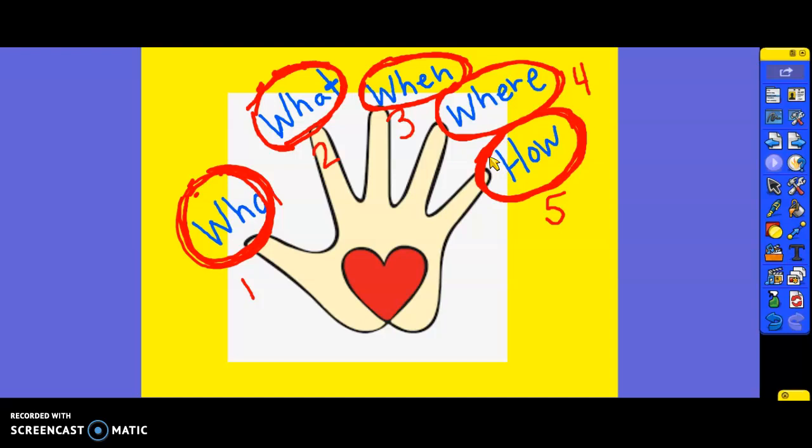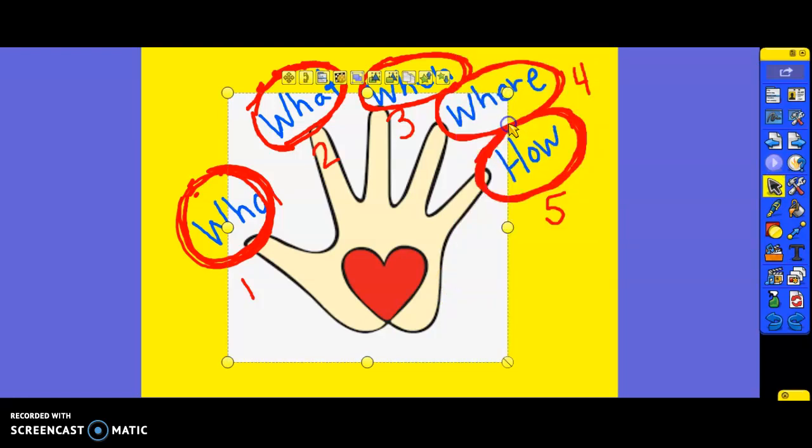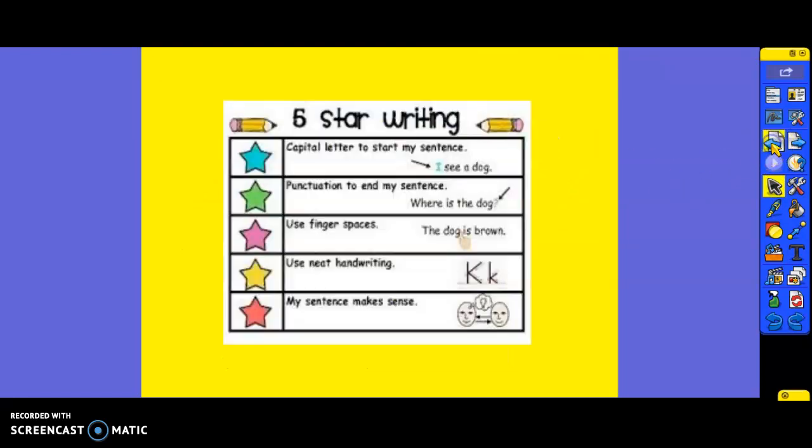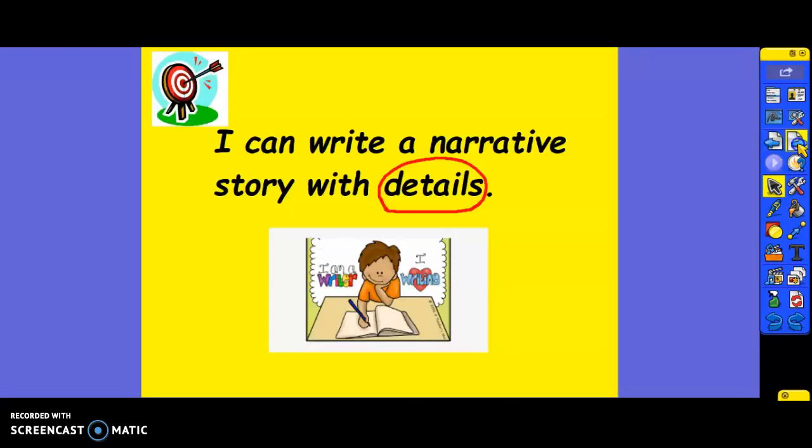Let's go over our important details again. Who, what, when, where, how. We're going to be using our hand to help us remember all the details that we need to include. We also are going to be using our 5-star writing to go back and check Ms. Nakhan's writing. So let's get ready to read Ms. Nakhan's story.